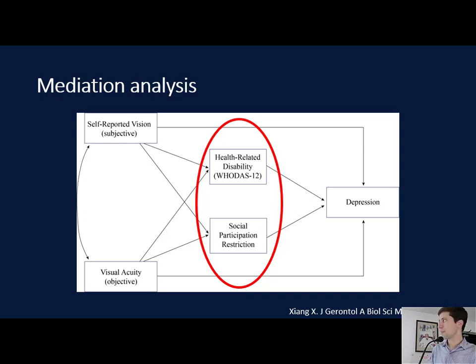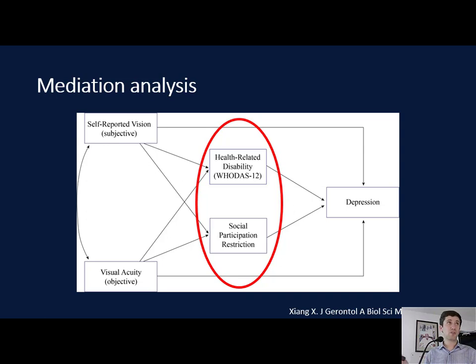So we wanted to test a pathway. We're hypothesizing that this pathway, through health-related disability or through restricting one's social activity, helps to explain why people become depressed. There are different ways of doing mediation analysis to test whether or not this is in fact the pathway through which this phenomenon exists.